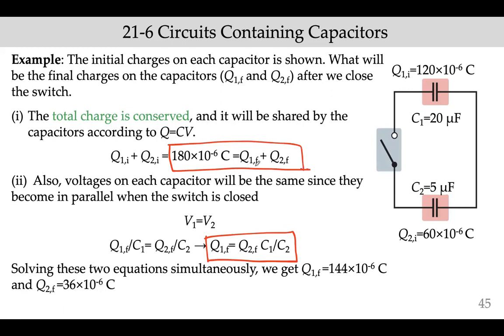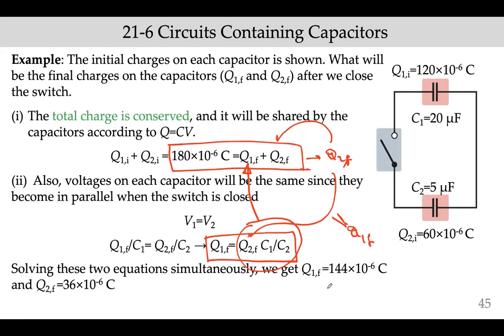Now solve these equations simultaneously, which means instead of Q1 final here, plug in this value. So this first equation will be only in terms of Q2 final, and solve for Q2 final. Once you find Q2 final, you can plug it back in here or in here to find Q1 final. By this way, you can find Q1 final and Q2 final.